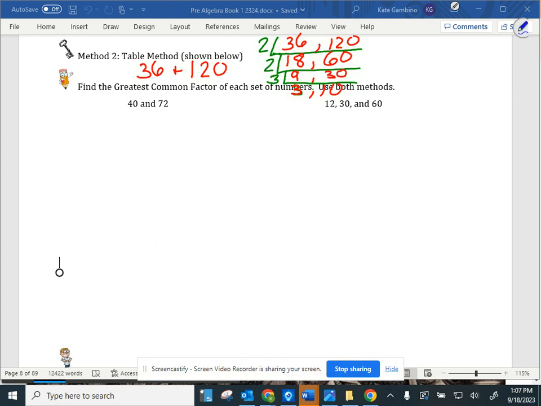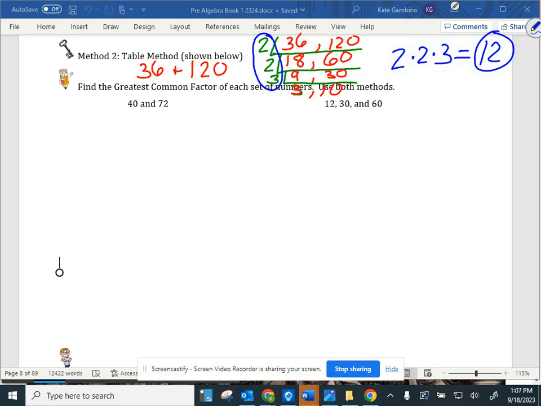So now, to find my greatest common factor, I'm going to multiply those primes together. 2 times 2 times 3 equals 12. That is my greatest common factor. So I can see which primes I can divide out and keep getting smaller and smaller. So always start with the 2, the 3, the 5. See what you can divide, which prime you can divide out.